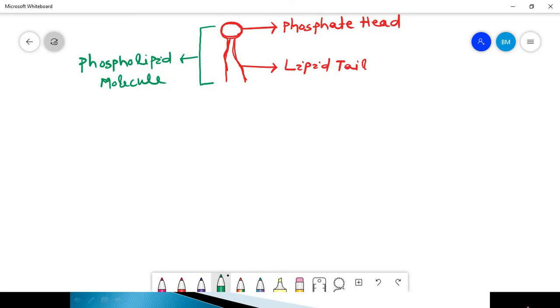Another thing I want to tell: the plasma membrane is very flexible and thin, and it separates the cell from its surroundings and gives the cell a shape.